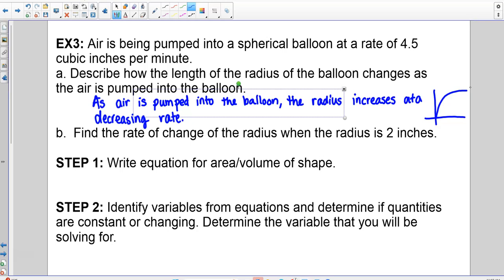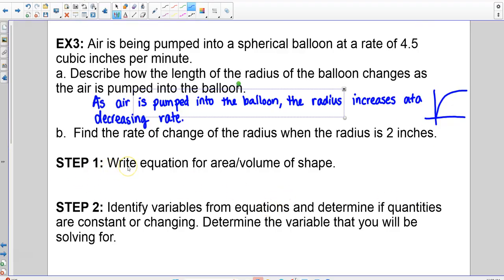That's the part where we've got to go through our steps and actually solve. A is just asking us to think about the scenario. There's a chance you get a multiple choice question where it tells you all this and doesn't want you to solve the problem. You just have to tell that the radius is increasing at a decreasing rate. Because that is a calculus idea as well, right?